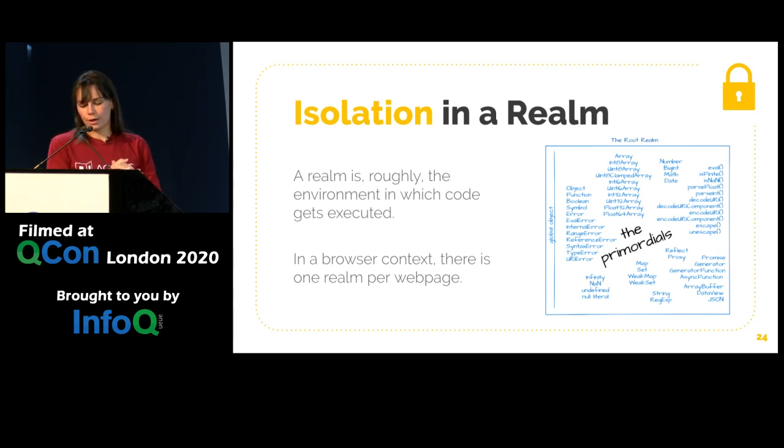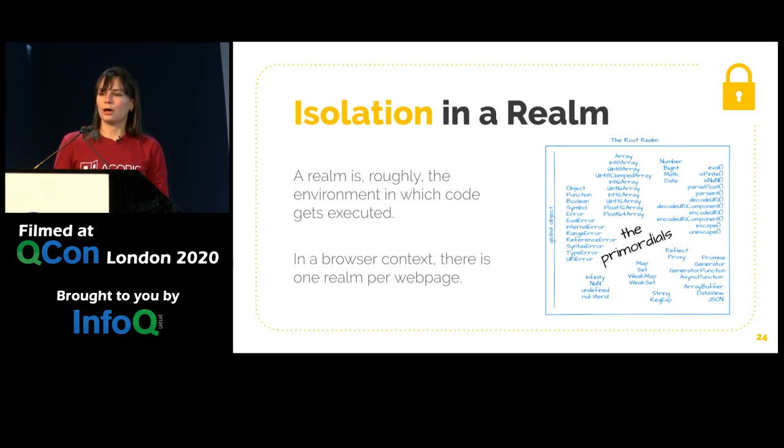And within a realm, the realm starts off with all of the objects that you would need when the code starts running. So that includes things like object, function, array, and we call those primordials or intrinsics. A realm also consists of a global object and a global scope.